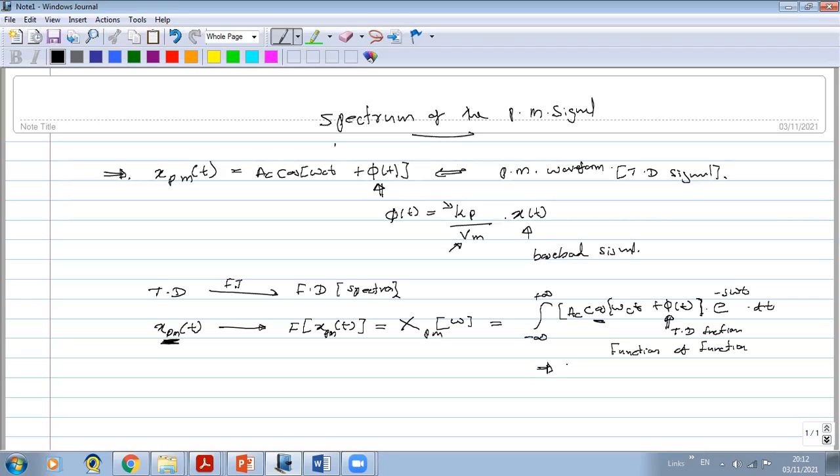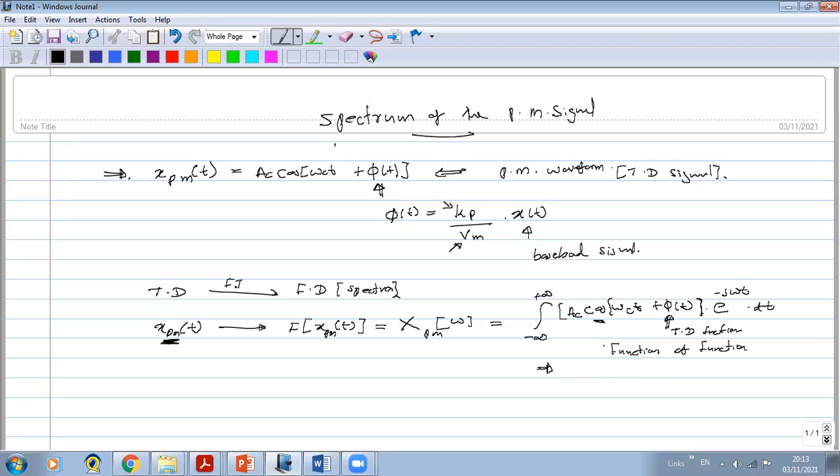Sometimes you can use a software tool to evaluate this kind of complex integral. But sometimes this kind of integral may not exist, so it is very hard, and impossible, to evaluate this kind of integral.